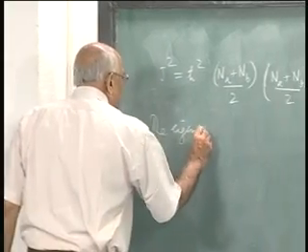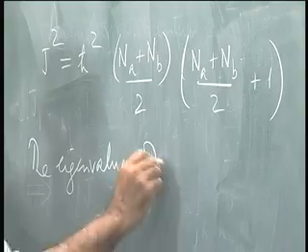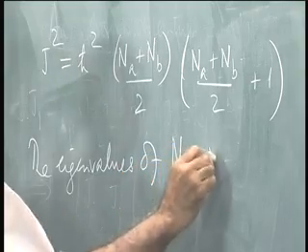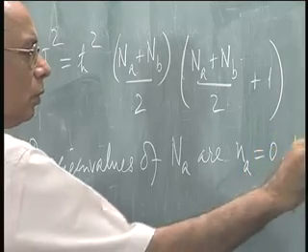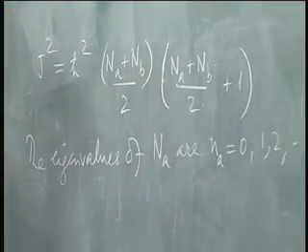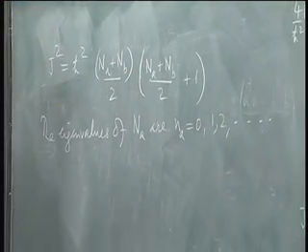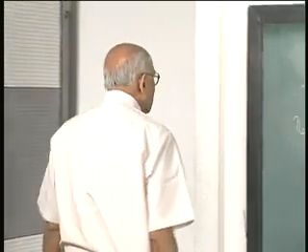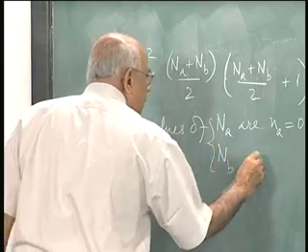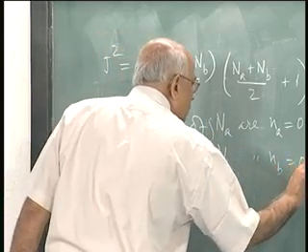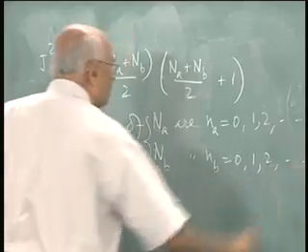So the eigenvalues of n_A are n_A equal to 0, 1, 2, and so on. Whatever be the states, we will write the states down and then we will try to construct angular momentum states. And similarly of n_B, n_B equal to 0, 1, 2, and so on.